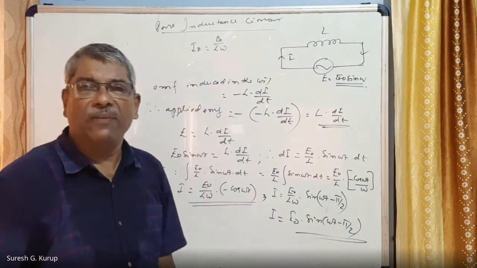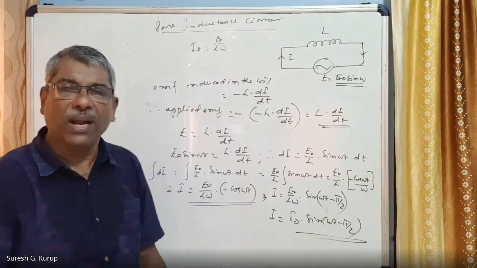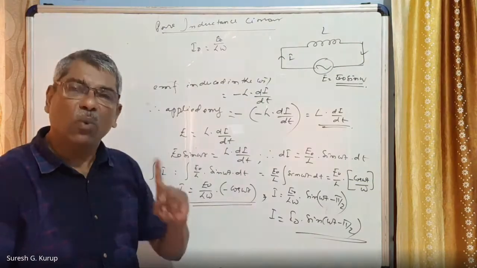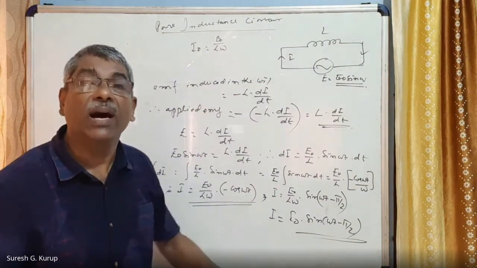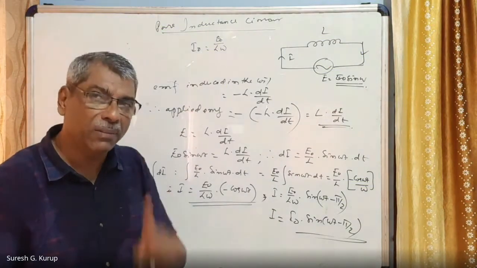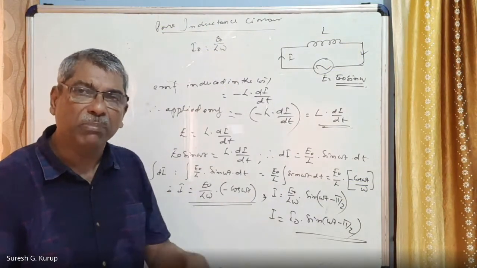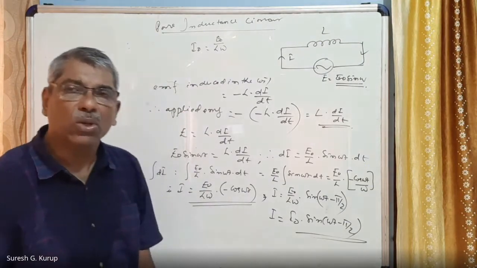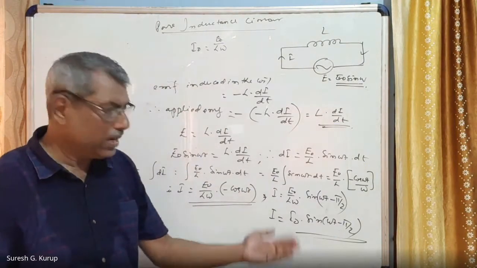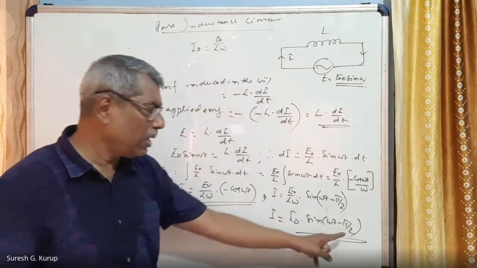So we have seen a very surprising, very special thing. Only because of the presence of the inductor, the current goes behind the EMF by an angle pi by 2. That means current is behind the EMF by a phase angle pi by 2. Who goes ahead? The EMF is ahead and the current is behind by an angle pi by 2.